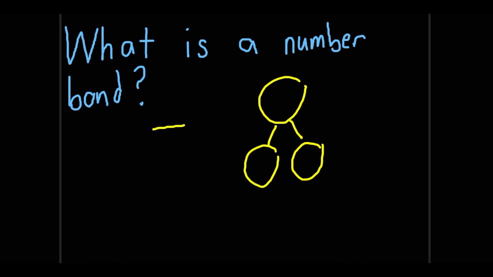Sometimes they will be framed with squares, or should I say rectangles, the way I drew them. But it doesn't matter. The key thing is that the larger number branches out to the two smaller numbers. And again, let me show you what I mean there.